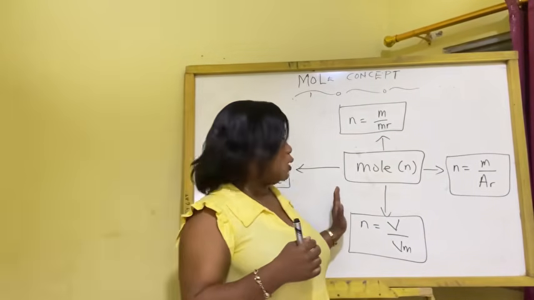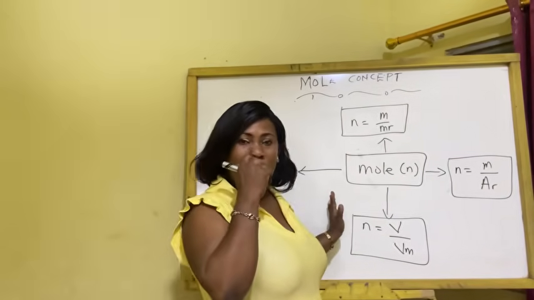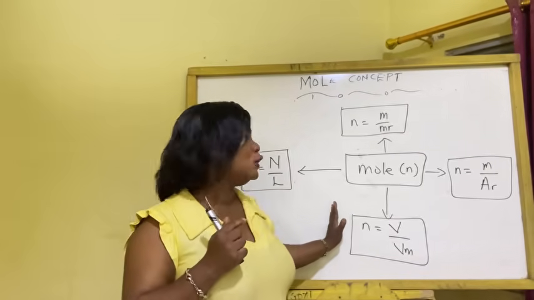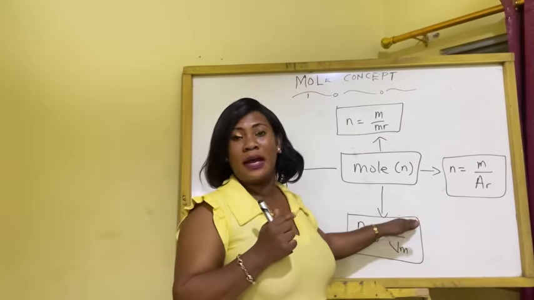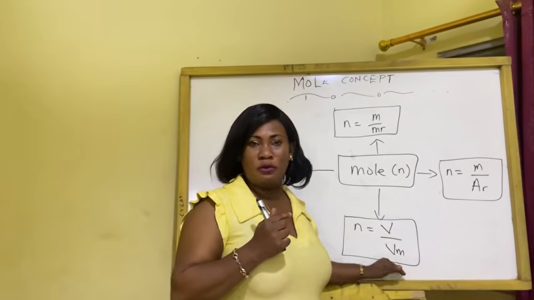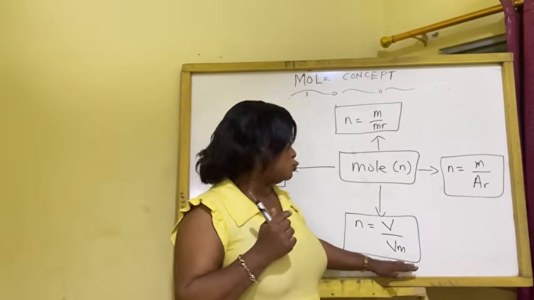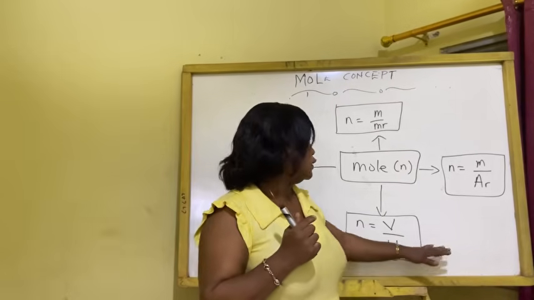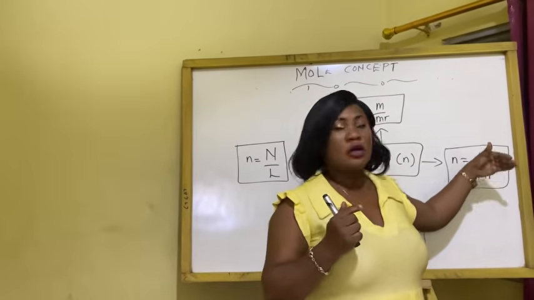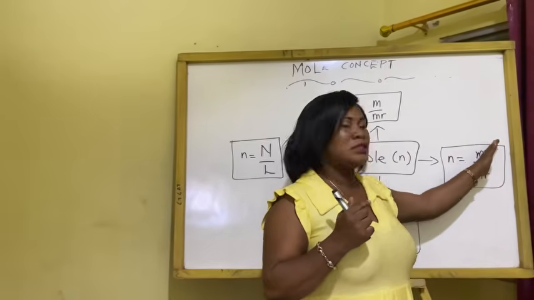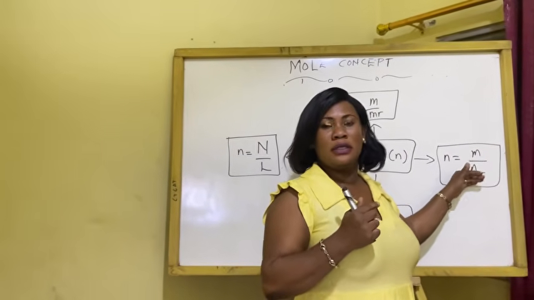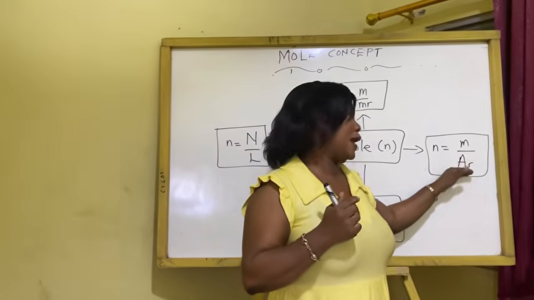Then thirdly, where we are looking at volume, this expression goes for only gases. The mole is also expressed as the volume occupied by the substance over the molar volume, which has been found out to be 22.4 dm³. Then when we are talking of just an element, we have n, that is the mole, equals the mass over the relative atomic mass.